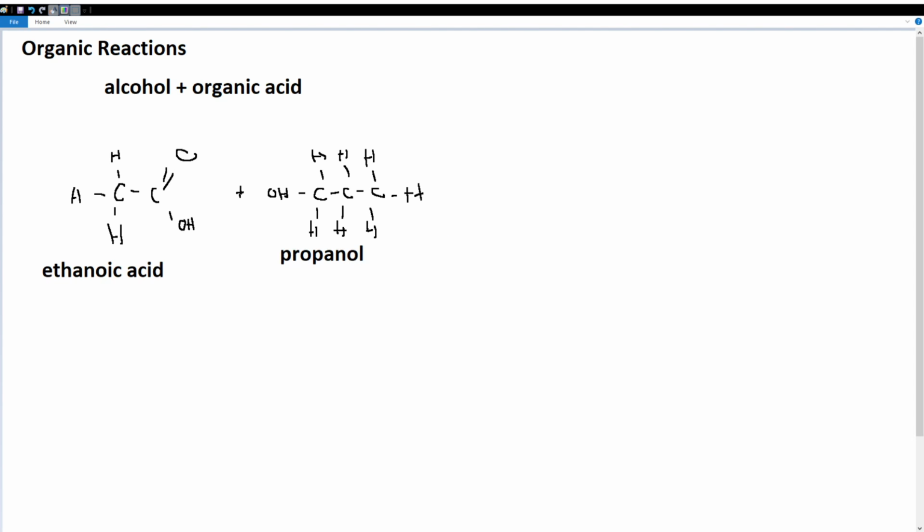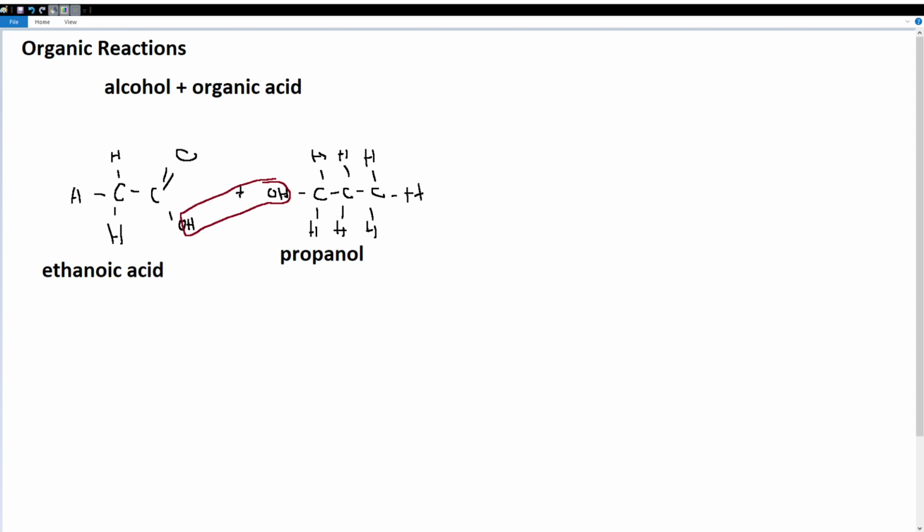And what you would do here, which is pretty similar to what you did before, you would take the hydroxyl group from the alcohol and take the hydrogen from the organic acid. So you always take the hydroxyl group from one of the alcohols. So in the last case, which was condensation, you would take it from any of the two alcohols.